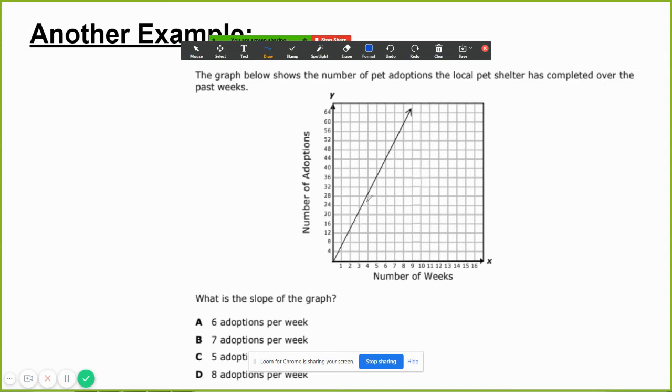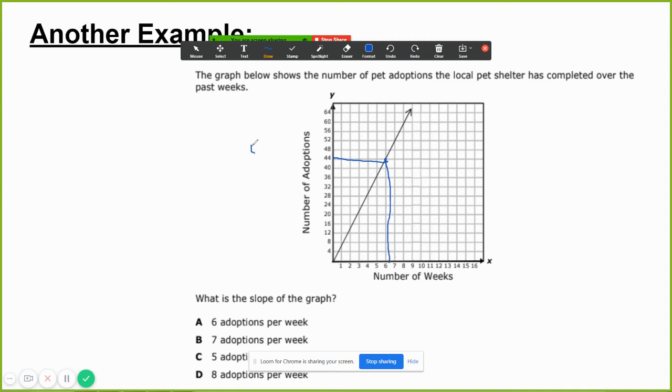I don't see one yet. This one looks like one. Or maybe it was this one. Nope, it looks like this one. So we know that this local animal shelter does 44 pet adoptions every 6 weeks.